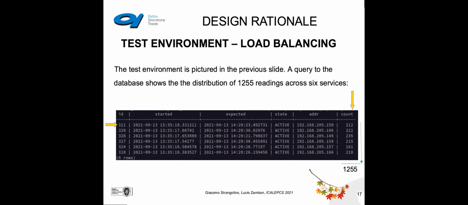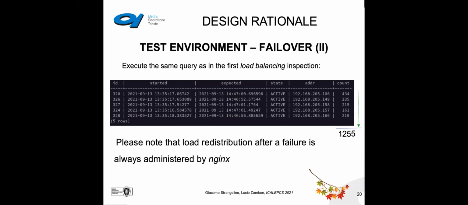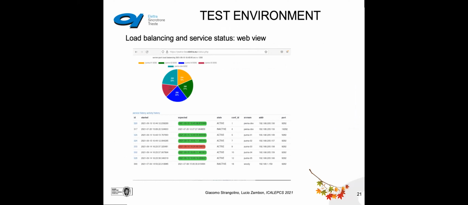So here you can see the load redistribution, which is always performed by Nginx. Here we can see load balancing and test service web interface, which is implemented by Lucio. The close future roadmap foresees massive test conditions.